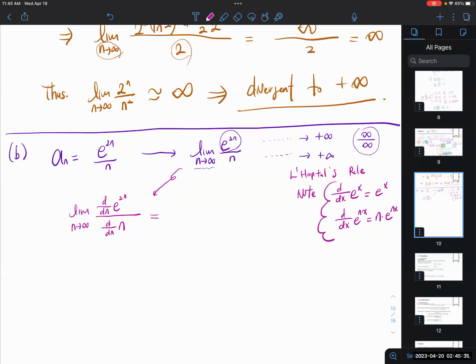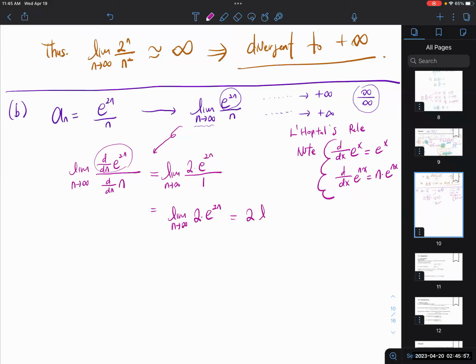Therefore, when you take the derivative of the numerator, you bring down the 2 and keep e^(2n), and the derivative of n is 1, right? So simply it is the limit as n approaches infinity of 2 times e^(2n). I'm going to bring the 2 to the front. So we have e^(2n). As n increases, this is going to be larger and larger.